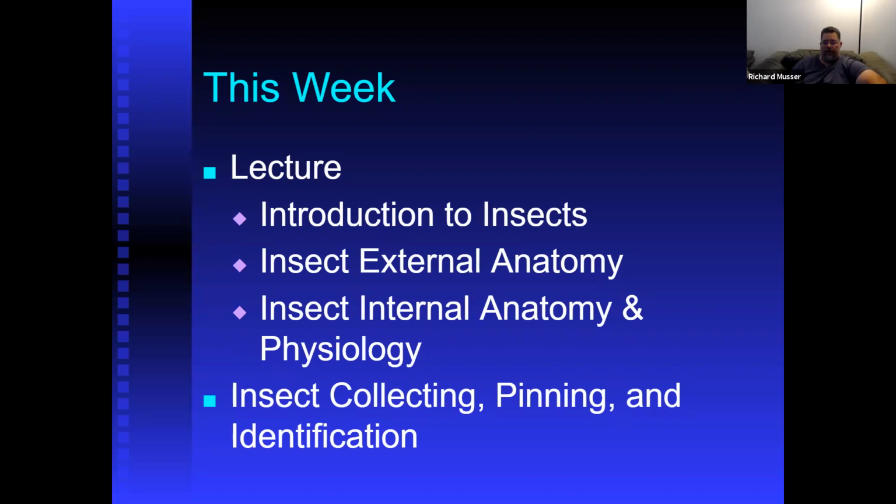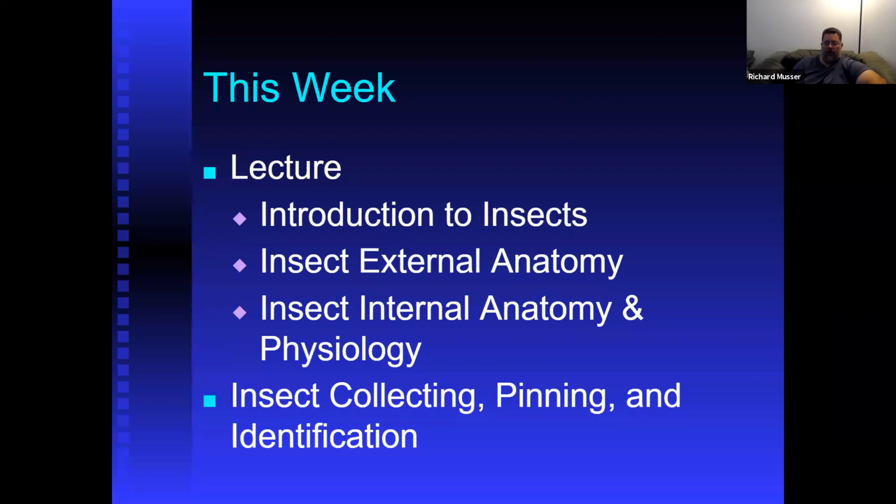So anyway, thanks for joining Entomology. This is our first week, and we're going to discuss a little bit about insects. As you can imagine, in an entomology class, these are among the most successful animals Earth has ever seen.